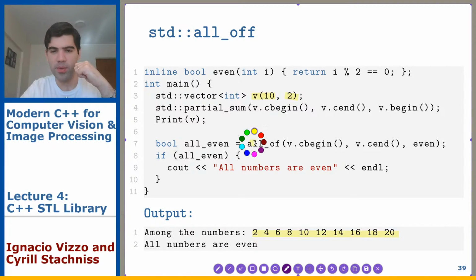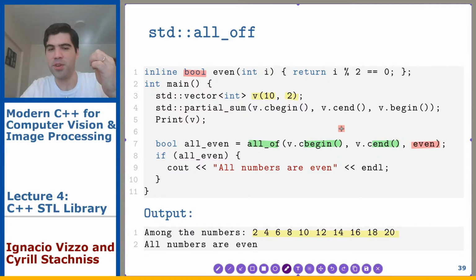And then we will be using this all_of algorithm. Again, the beginning and the end. And then the predicate, in this case, is the even function that will tell me with a Boolean variable if the number is even or not. If all are even, then we'll print all numbers are even.